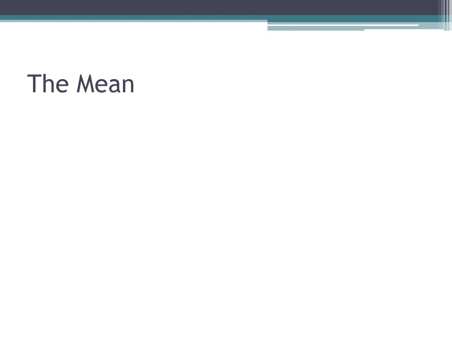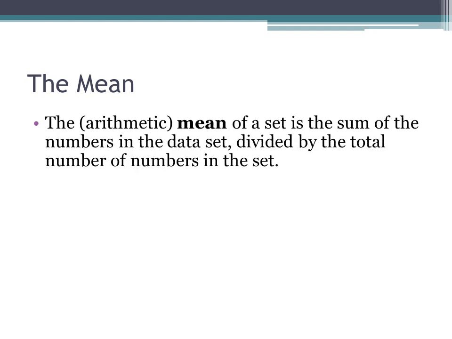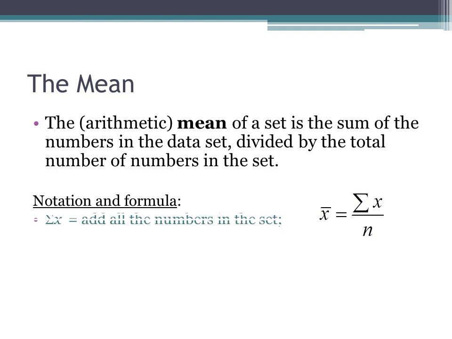Now let's take a look at the mean. The most common reported average is the mean, or arithmetic mean. The mean takes into account all the values of the data set. The formula for the mean uses a notation that explains the process for computing it. The Greek capital letter sigma comes from the letter S in sum.